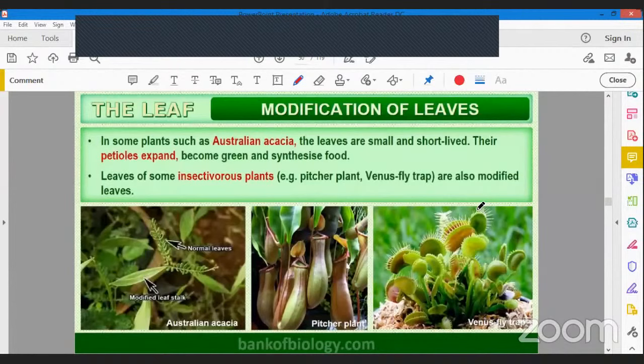So what happens is that petiole, the small stick-like structure, that will only get modified into a leaf-like structure. Okay. So take it down.